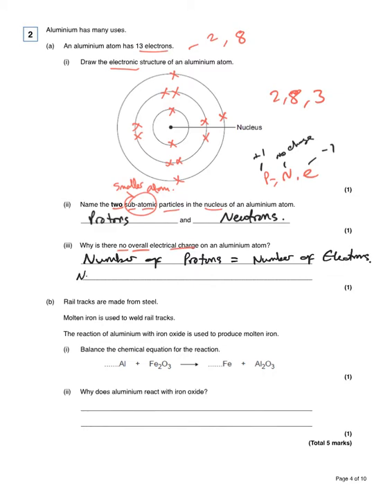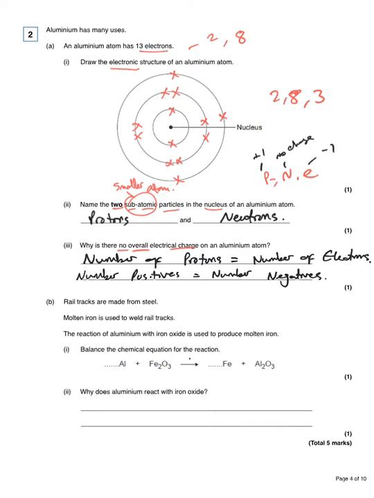Therefore, the number of positives equals the number of negatives. Neutrons don't matter because neutrons have no charge, so we don't really include them in this kind of question.